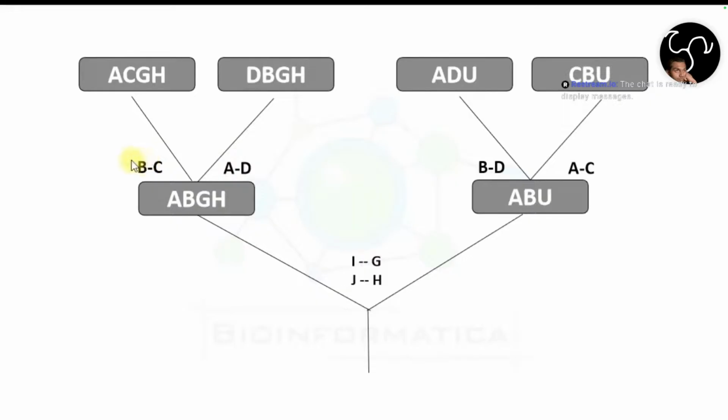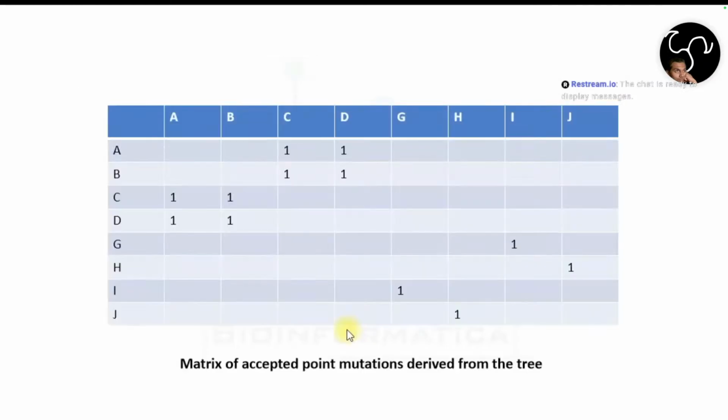Here we clearly see that A changes to D and A changes to C. But C and D do not directly interchange. If we had compared the observed sequences directly, we would have inferred the change of C and D also. For these, we have treated the changes statistically, distributing them among all observed alternatives. This matrix is of accepted point mutations derived from the tree we have discussed right now.